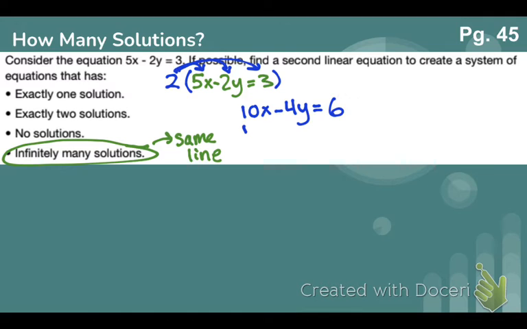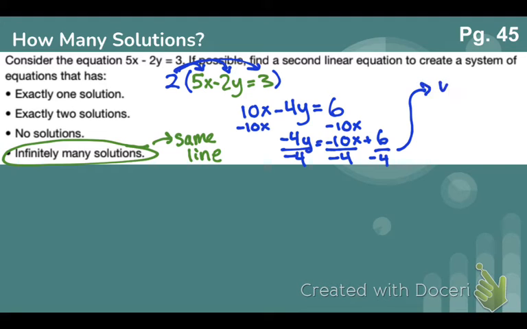So if I were to really quickly solve this for y equals mx plus b form, it would end up simplifying to the exact same equation. We'd have the same slope and the same y-intercept. It just looks a little bit different.